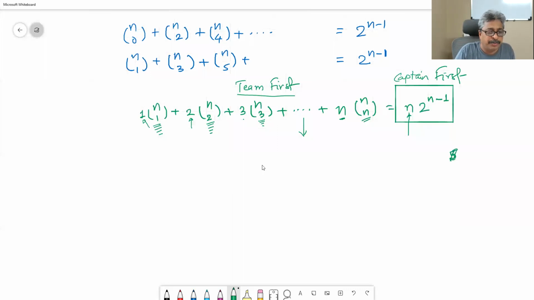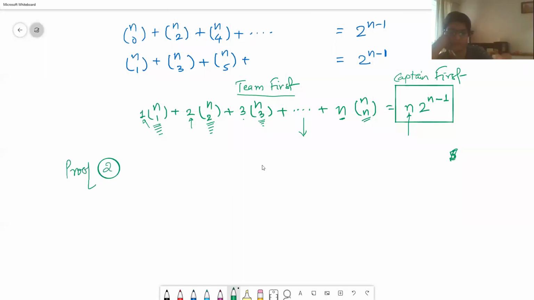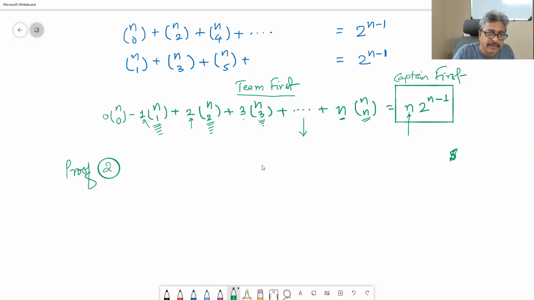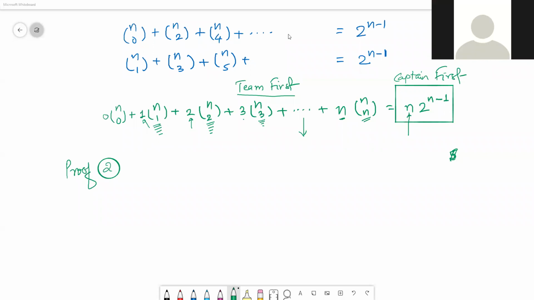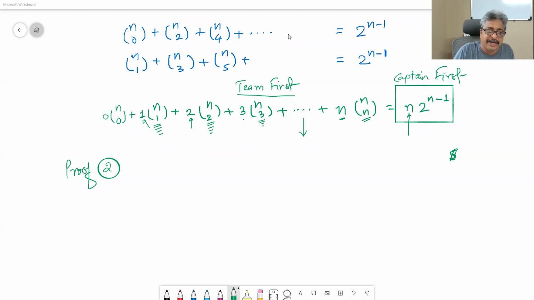Let me give you another proof. Second, this is very simple. First of all, let me make it symmetric. Right now it is not symmetric because I don't have the term 0 times n choose 0 here. What is the value of this term? 0. So I can always add that to restore my symmetry.